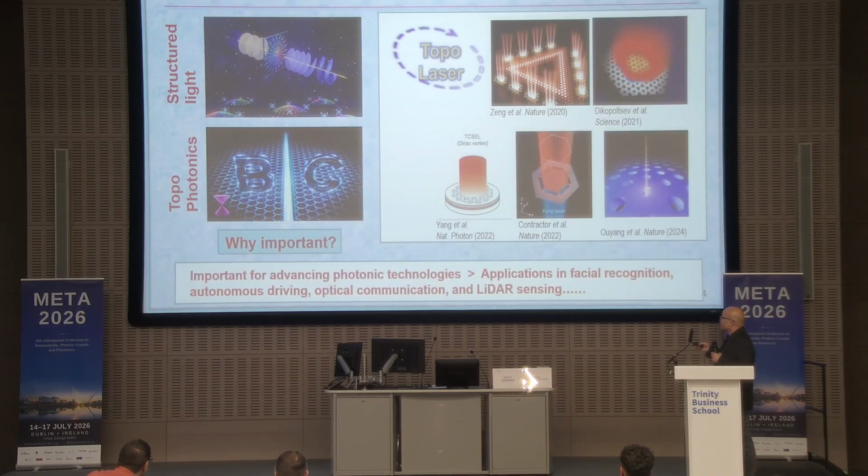Here's an example. Topological lasers, right, which are currently investigated around the world. So why do we need a topological laser? The very basic thing here is it can be robust, not just a single laser, but an array of lasers. It has useful applications, say facial recognition, autonomous driving, optic communication, and laser sensing.